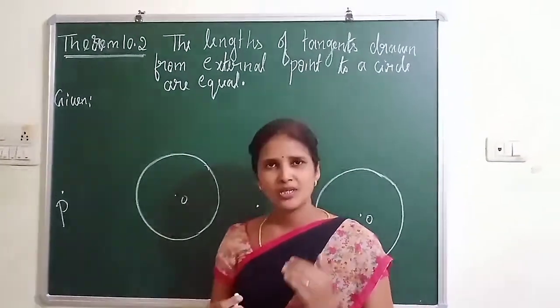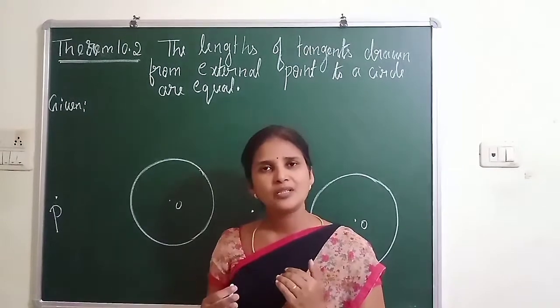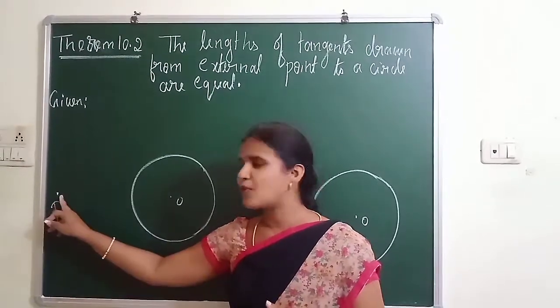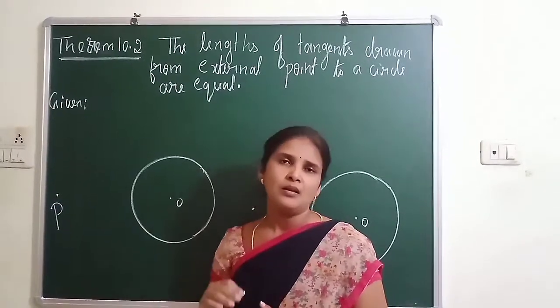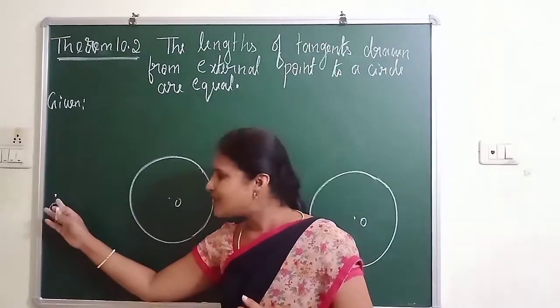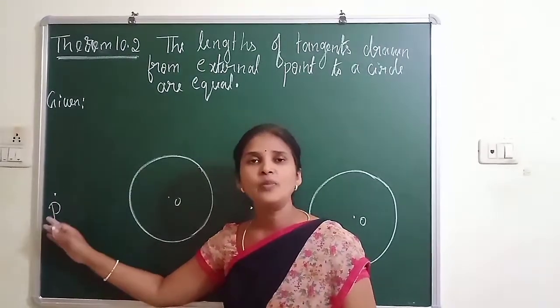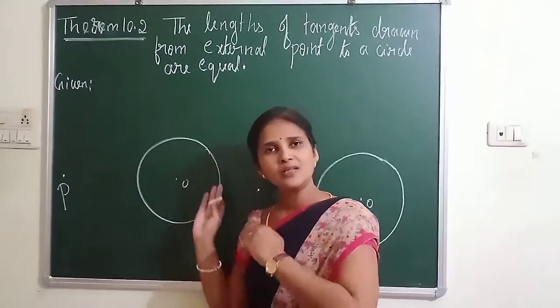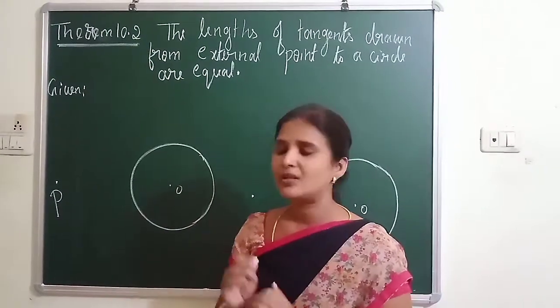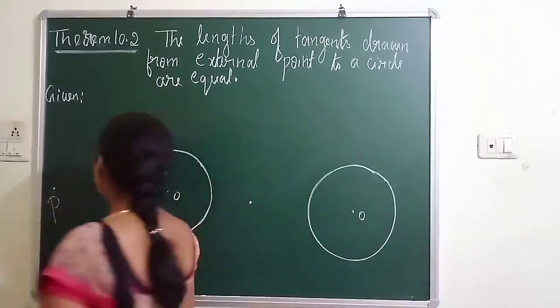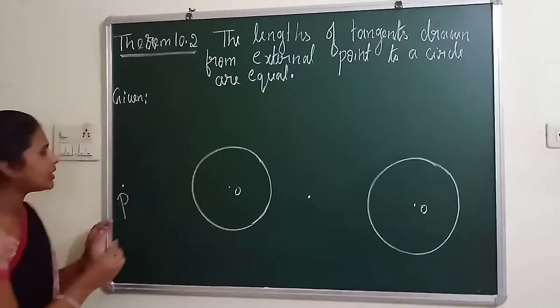And my question is, how many tangents can you draw from this point to this circle? Recall, from an external point, how many tangents can you draw to a circle? Let us do a small activity and try to understand how many tangents you can draw.